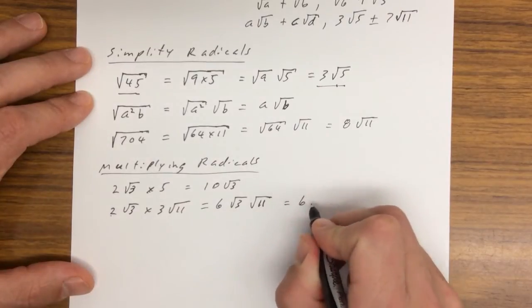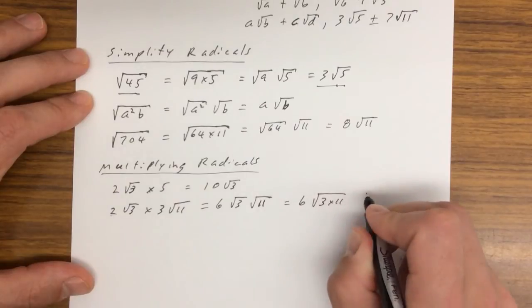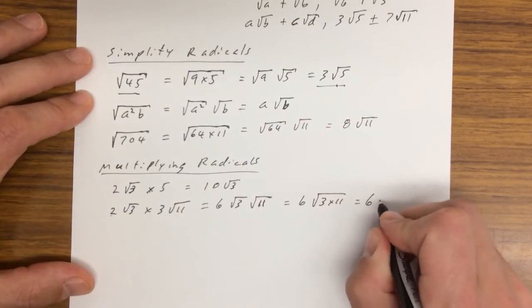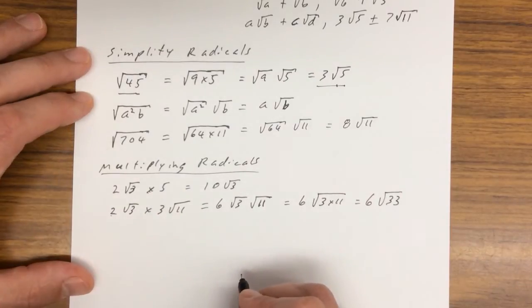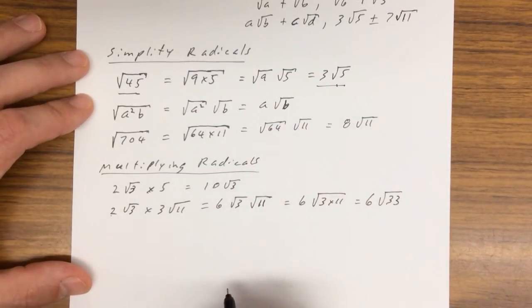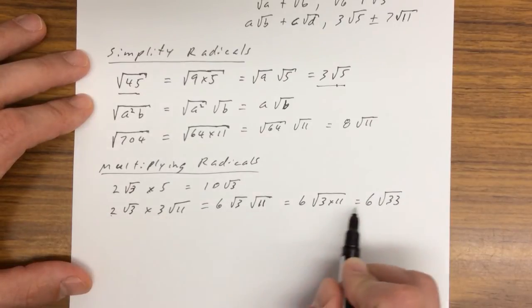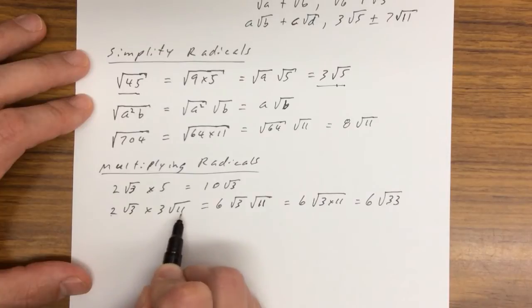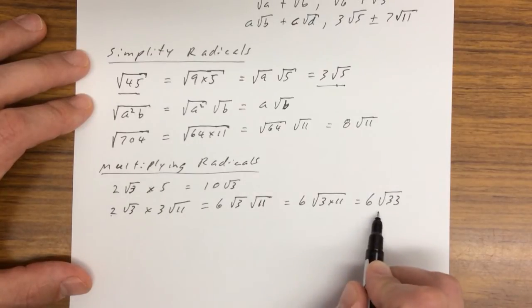So that becomes 6 times root 3 times 11, which is 6 root 33. Okay. So basically you multiply the constants, you get the 6, you multiply what's under the square root, you get the 33. So you could jump right from here to the end.